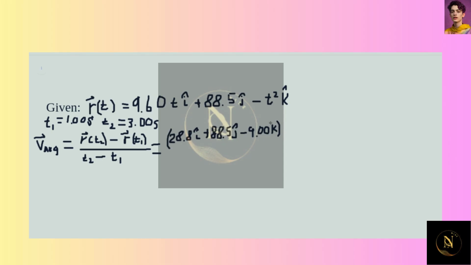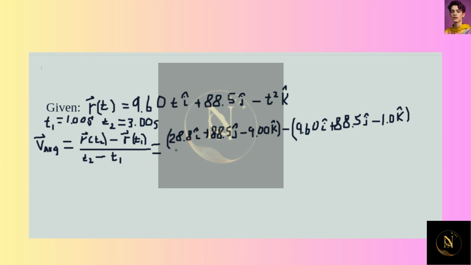Now we need to subtract from that r of t1. t1 is 1, so 9.60 times 1 is just 9.60 i hat, plus 88.5, no t dependence, j hat, minus, well, we have t squared, t squared is 1, so minus 1 k hat.